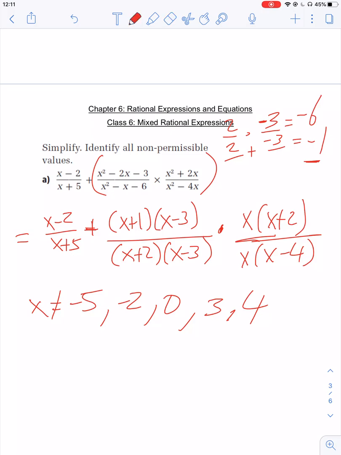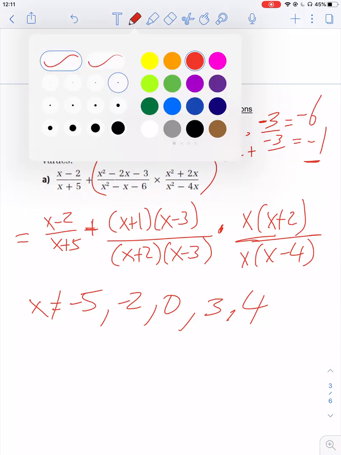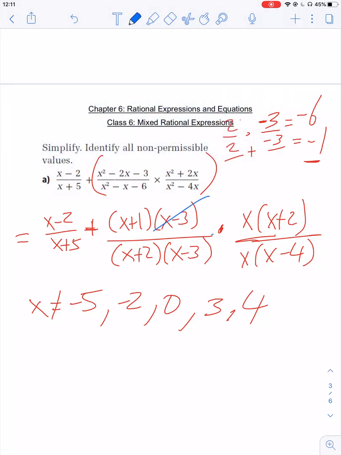So now let's make this look a little nicer. So x minus 3 will cancel, x plus 2 will cancel, the x's will cancel. So you're not left with much, right? So this essentially just becomes x minus 2, x plus 5. So these guys will just stay the same for now.